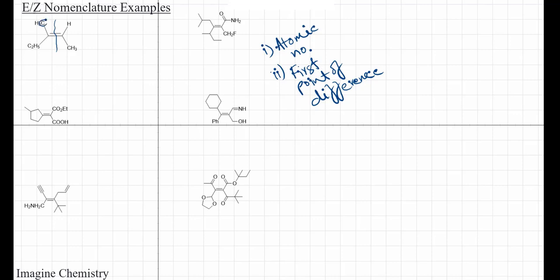This carbon is further attached to three protons, whereas this carbon is further attached to two protons and a methyl group. So this is the ethyl group. So this group will have the higher priority because it has another carbon attached further. So the first point of difference here in this case is the methyl group.